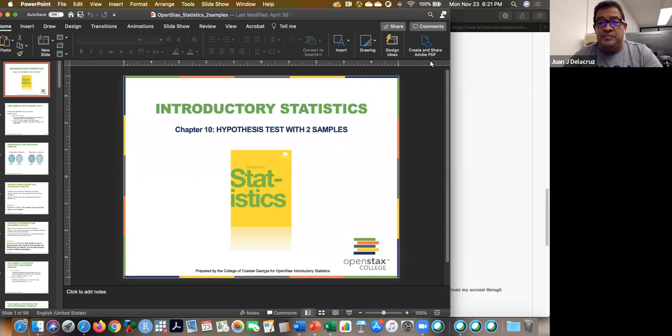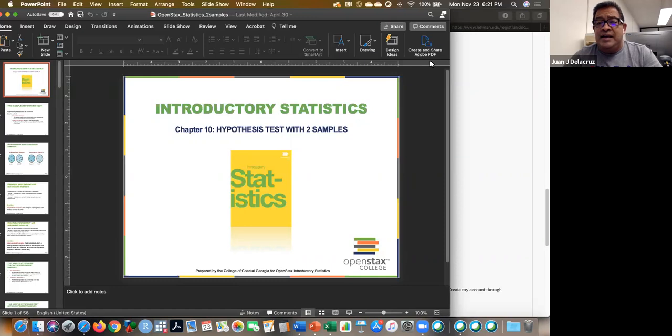So we went through the process of building the hypothesis, finding the standardized test statistic, then comparing this test statistic with the alpha, either comparing the p-value with the alpha or comparing the test statistic with the critical value.